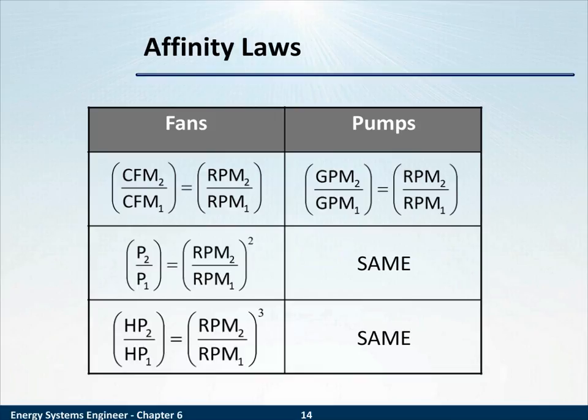However, if you're considering air pressure, the air pressure after the rotational speed change goes as the square of the change in CFM or RPM. And horsepower goes as the cube of the rotational speed or the cubic feet per minute.